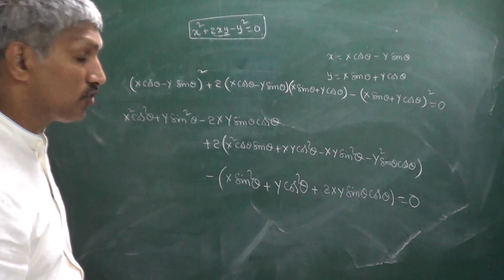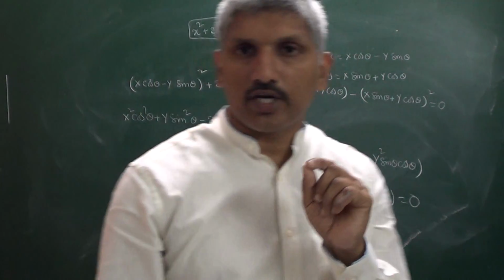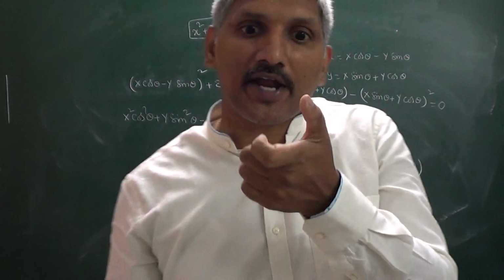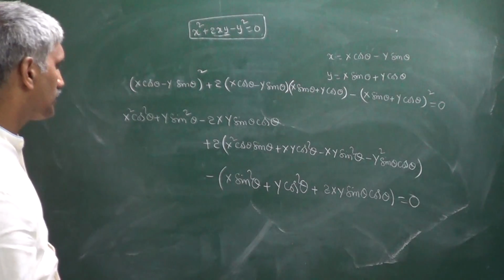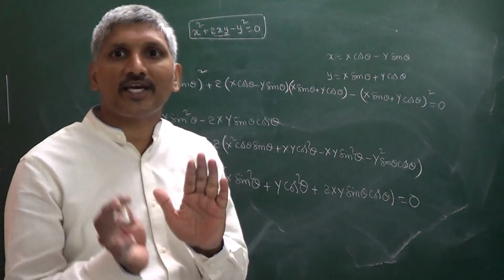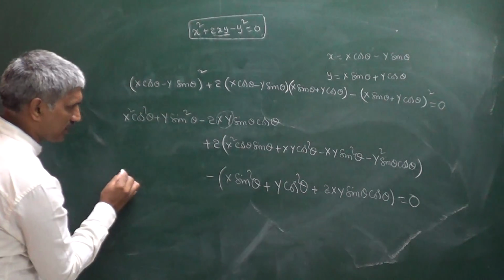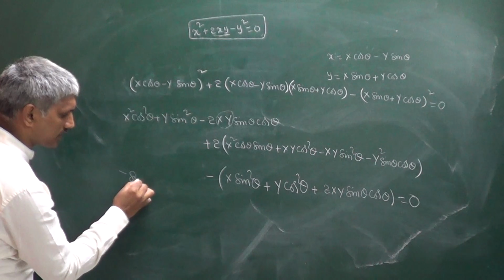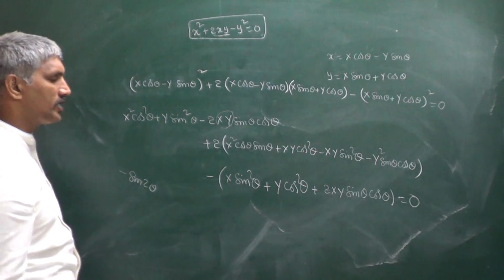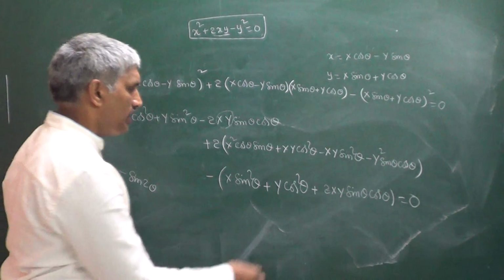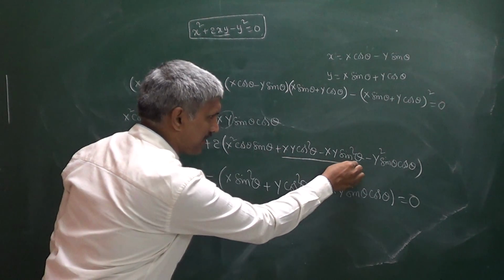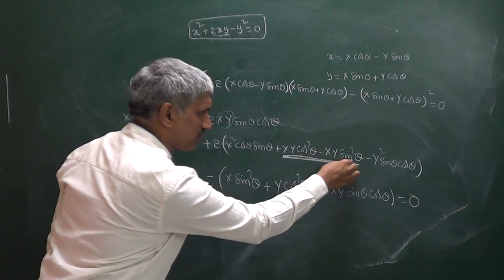No need to think about the entire term. Just concentrate on the xy term. What is it saying? We have to eliminate the xy term. Here the xy term has coefficient minus sin 2 theta, because of 2 sin theta cos theta. Next here also we have an xy term. What about its coefficient?